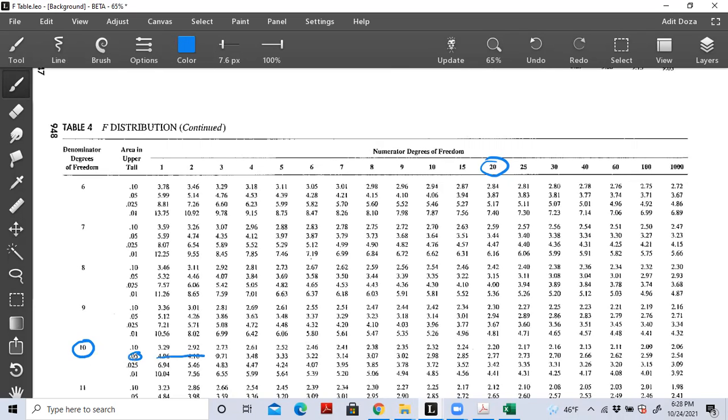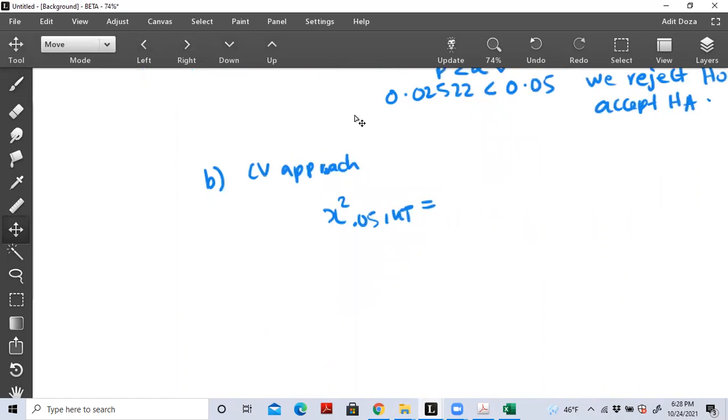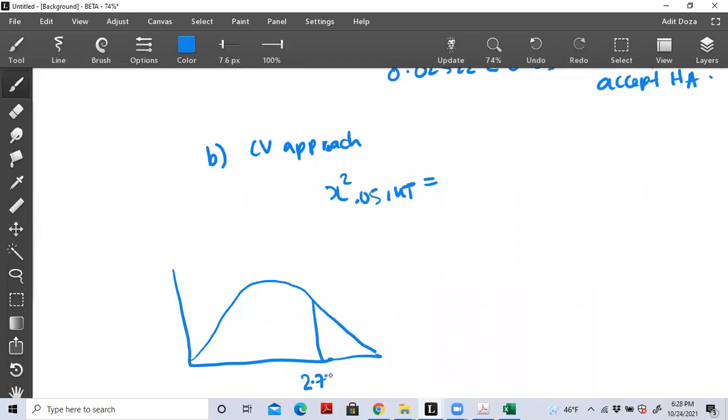So let's cross these things out. You should do it with a pencil. Okay, so this should be the value: 2.77. When we draw the F distribution curve, 2.77 is here because it's always upper tail, and this is the shaded region.